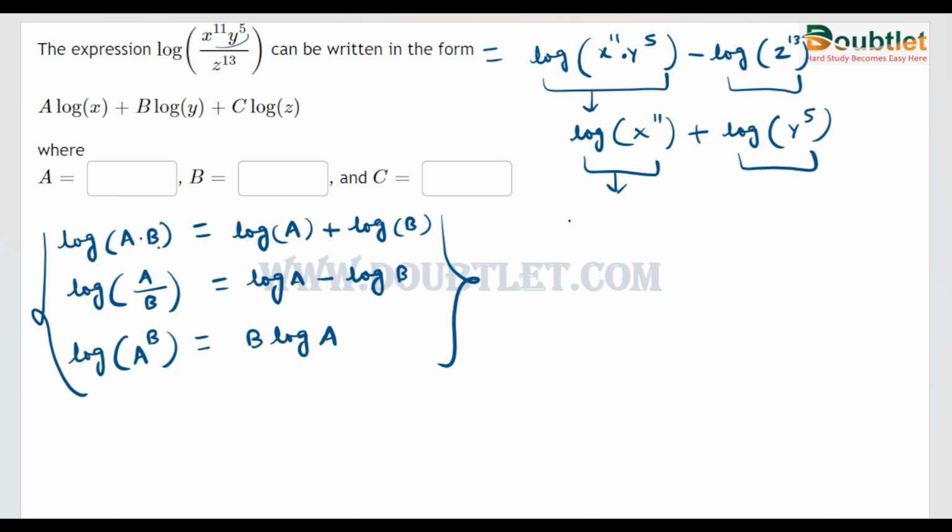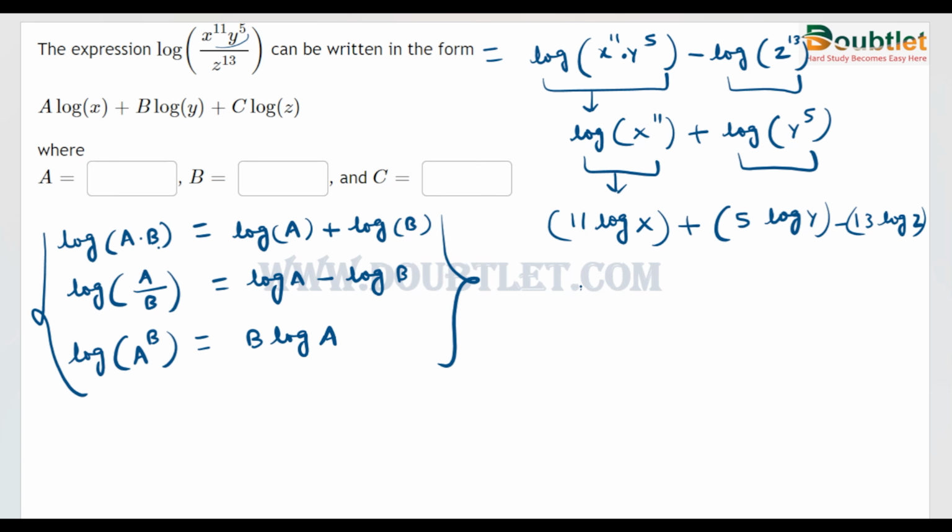Now for these expressions we will use the power rule. So we can write this as 11 log x plus 5 log y minus 13 log z.